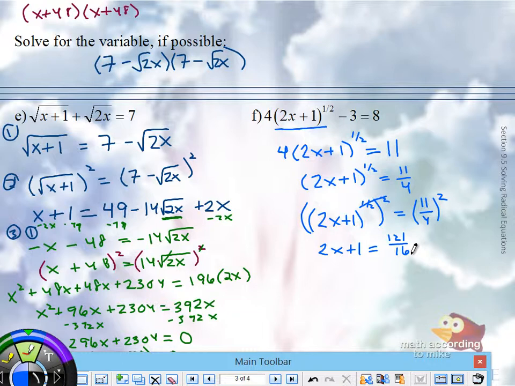To solve for x, we need a common denominator because we're going to subtract 1 now. 1 is 16 sixteenths. So what's 121 sixteenths minus 16 sixteenths? 105 sixteenths. And just like before, instead of saying dividing by 2, let's multiply by 1/2.